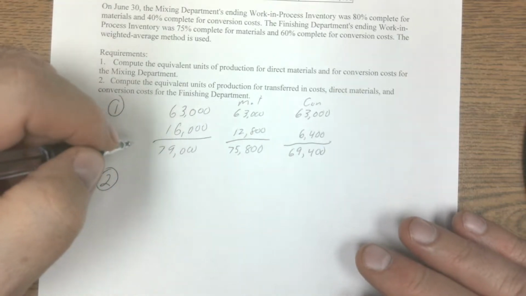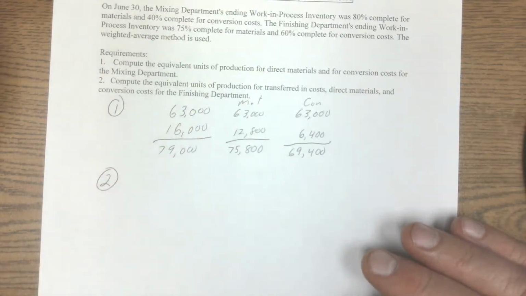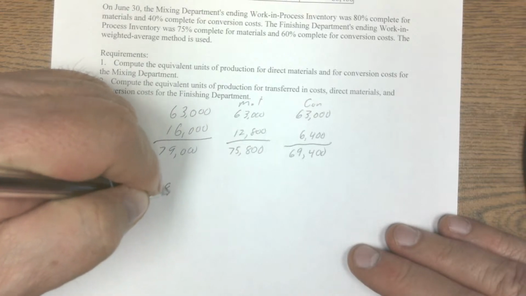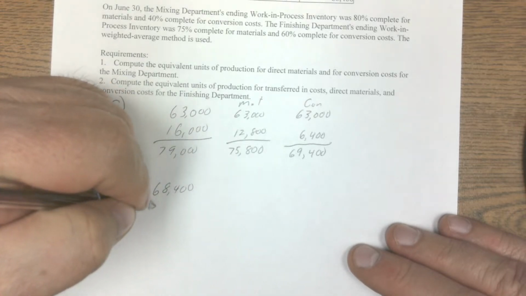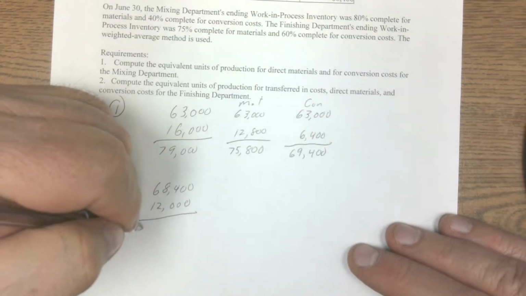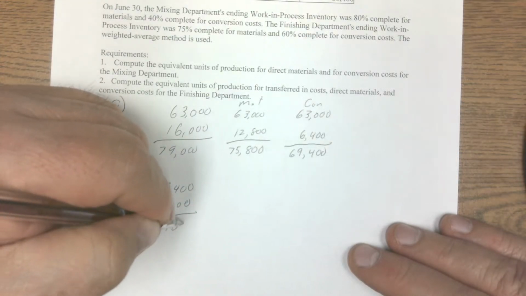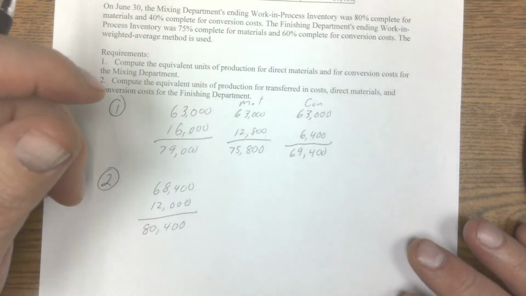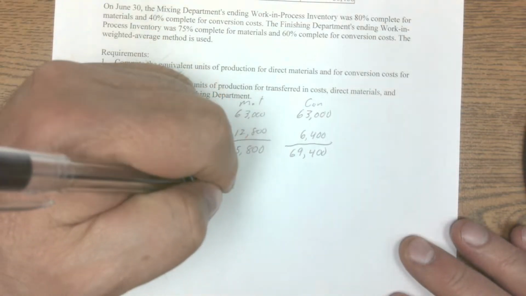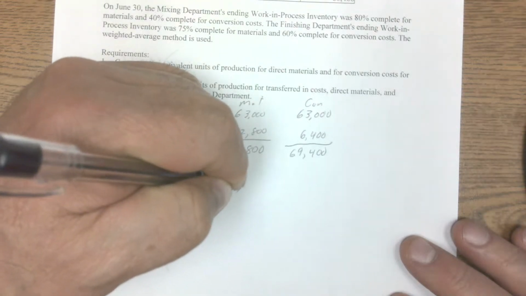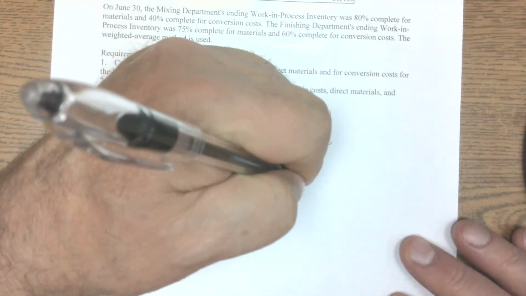The exact same situation, except now our completed and transferred out is 68,400. We've got 12,000 in ending inventory, units to account for 80,400. Again, that's all given to you in the problem there. If it's completed and transferred out, we consider it 100% complete. So 68,400.